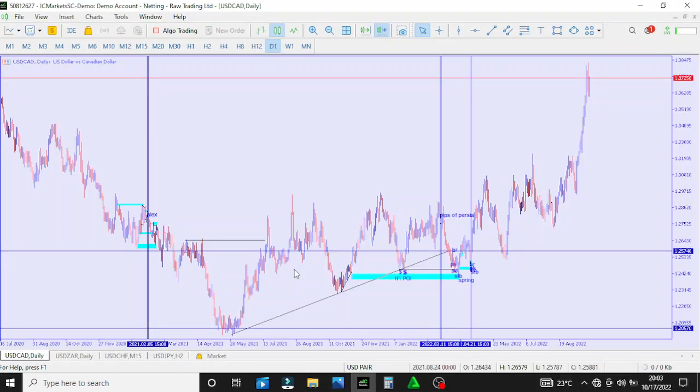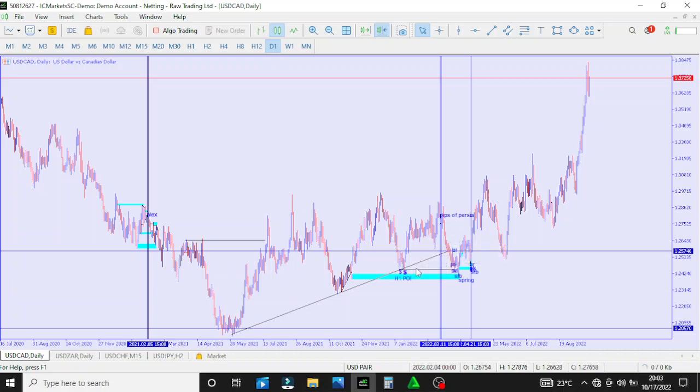Guys, this is a daily time frame. You see that this was a downtrend and then the price broke the structure, and this is where this accumulation happened, in the early phase of this bullish move.